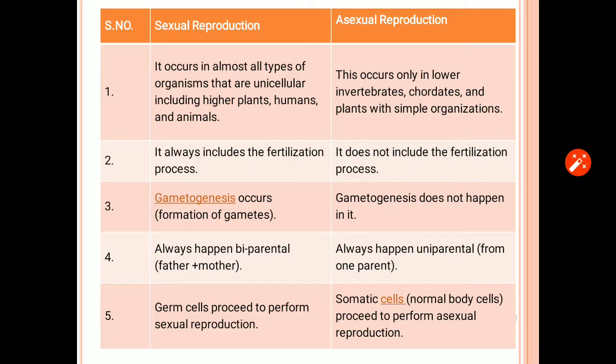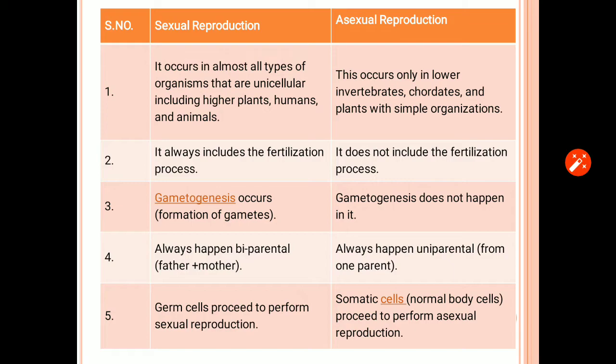In sexual reproduction, germ cells proceed to perform sexual reproduction, while in asexual reproduction, somatic cells, the normal body cells, proceed to perform asexual reproduction. So these are some common differences among sexual and asexual reproduction types.